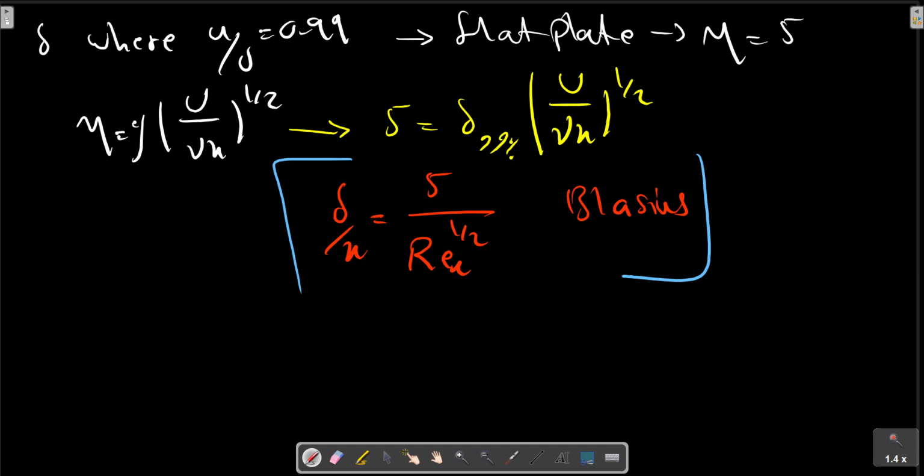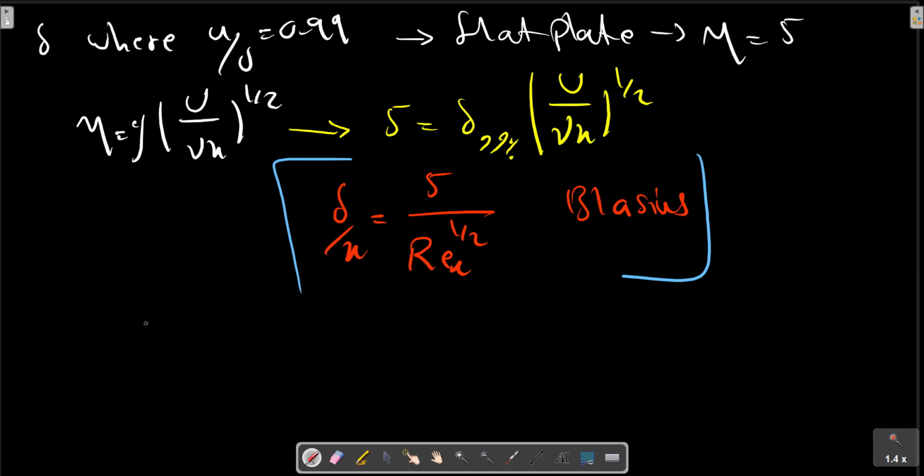Table 7.1, the Blasius velocity profile, provides tabulated data for the dimensionless velocity and the eta quantity. There should also be some software programs to obtain this data.